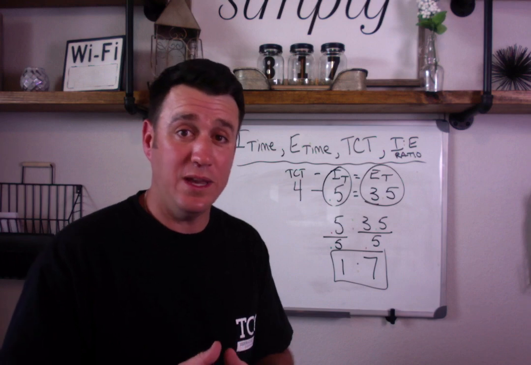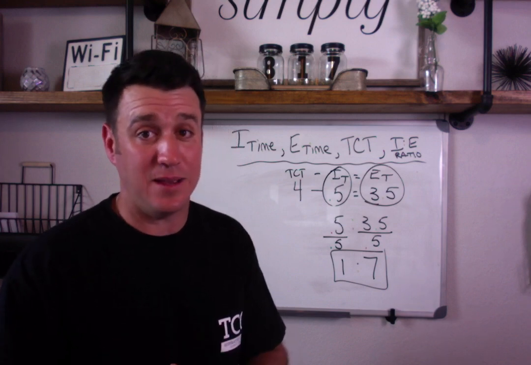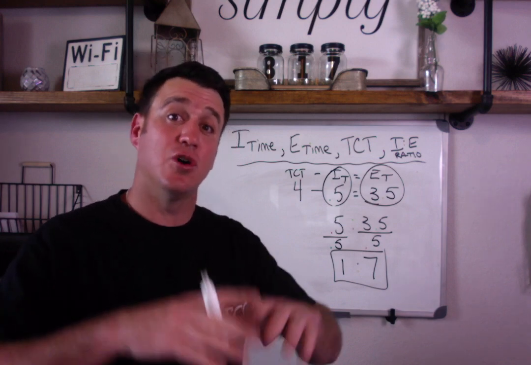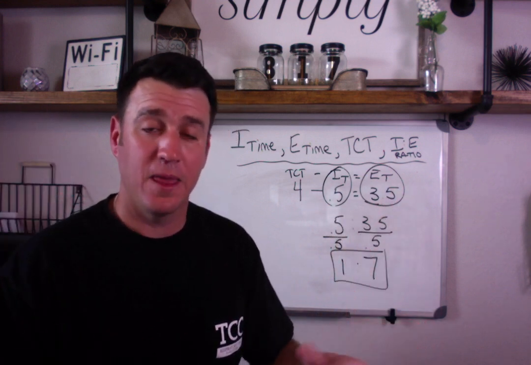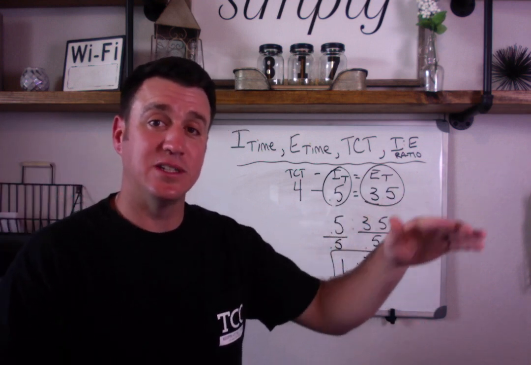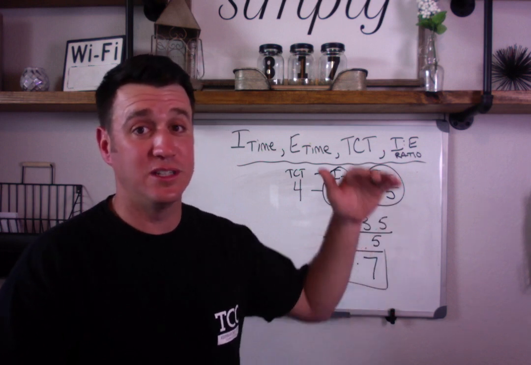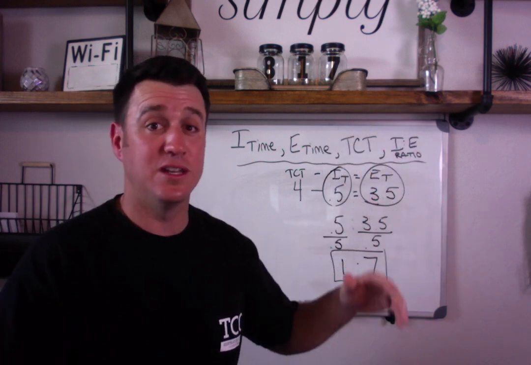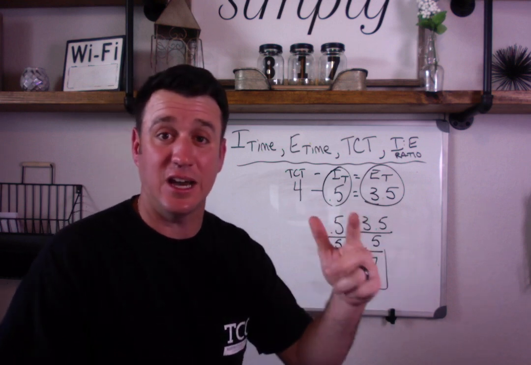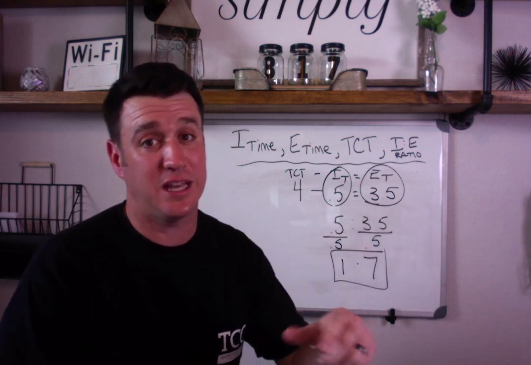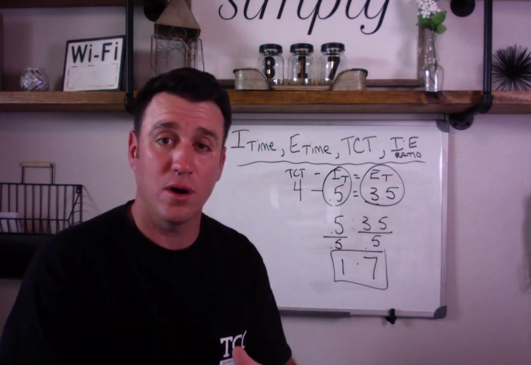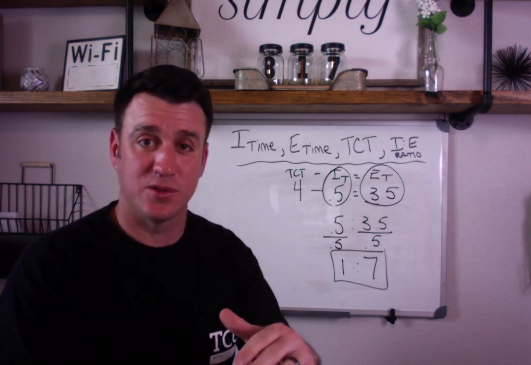Now, the only way we can establish a longer E time is either by making the total cycle time longer or by decreasing the I time. So you can either increase the flow, decrease the tidal volume, because the tidal volume was part of the formula for establishing I time, or decrease the respiratory rate.